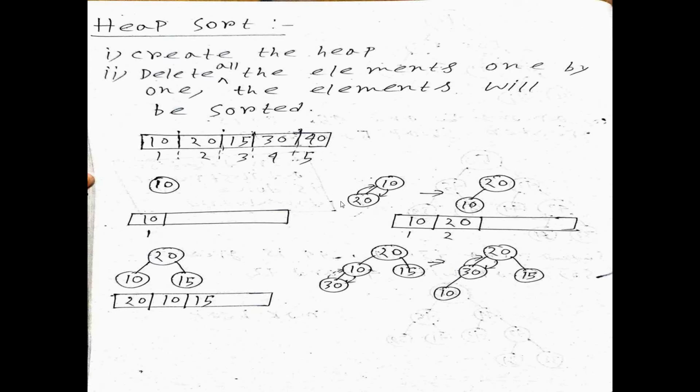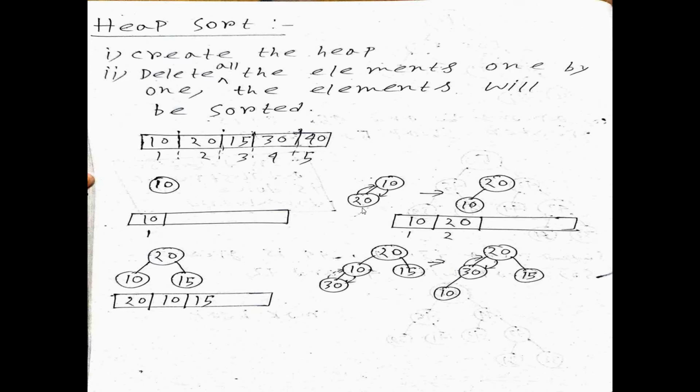Now, is this a max heap? First of all we check the property of the max heap. Every time the parent is greater than or equal to its child nodes. But here we check, the root is smaller than its child, that means 10 is smaller than 20. Now what is the procedure?